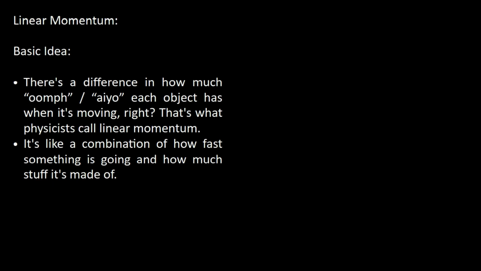The basic idea of linear momentum is that there is a difference in how much oops or IO each object has when it moves, right? That's what physicists call linear momentum.